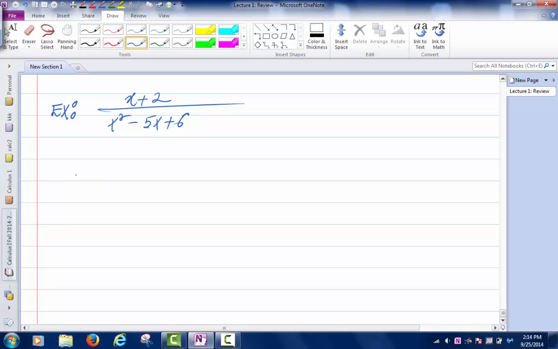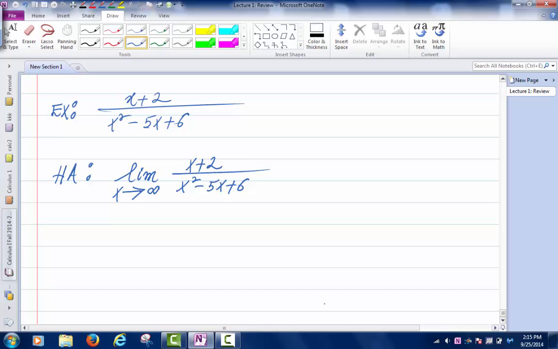To find the horizontal asymptote, what you have to do is what? You take the limit of the function as x goes where? As x goes to infinity.